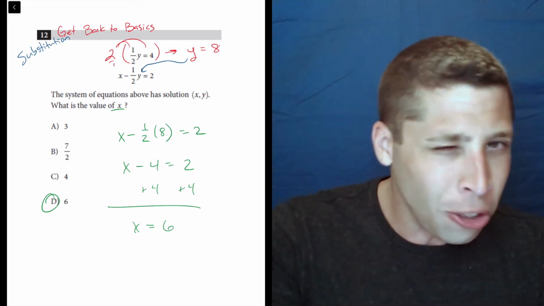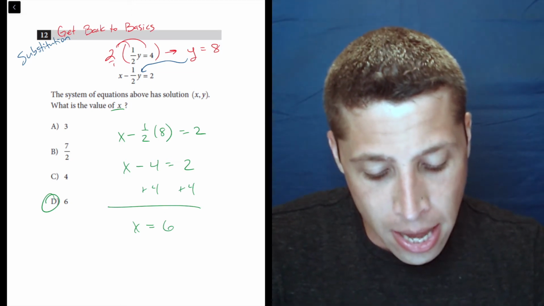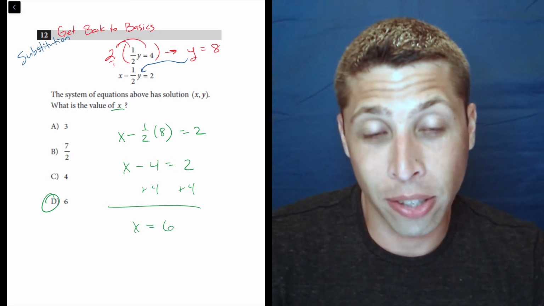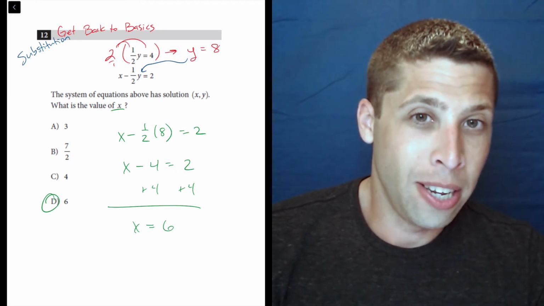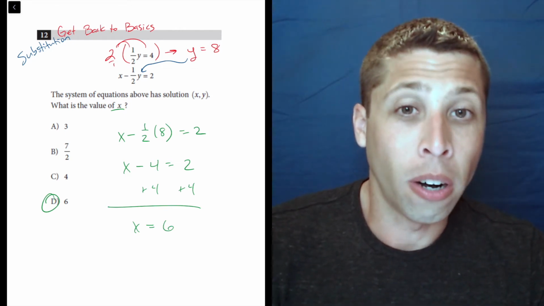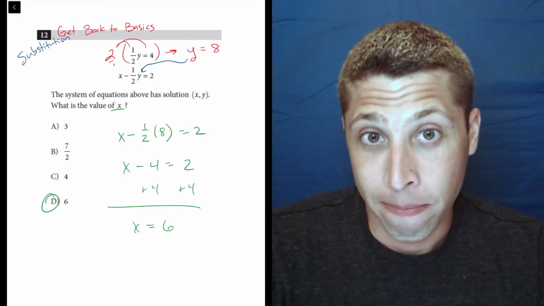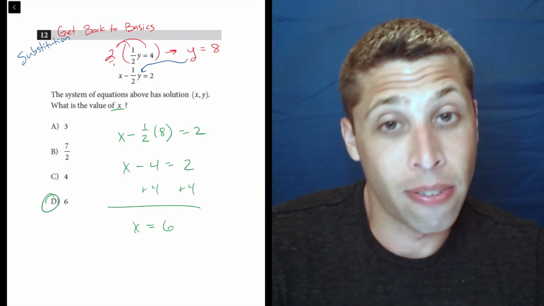The only shortcut that some people are insistent upon is doing a substitution before we get y equals, right? So on the SAT, a lot of times, we either don't want to or are unable to get an equation like y equals 8. We can't isolate a variable enough to get its value.